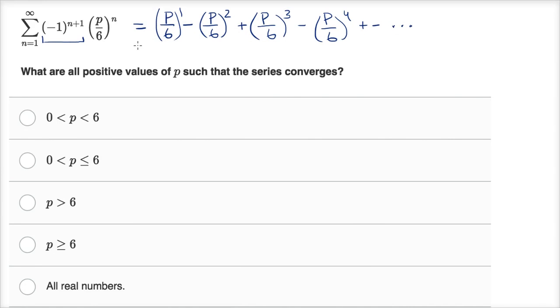So this is clearly a classic alternating series right over here, and so we can apply our alternating series test.